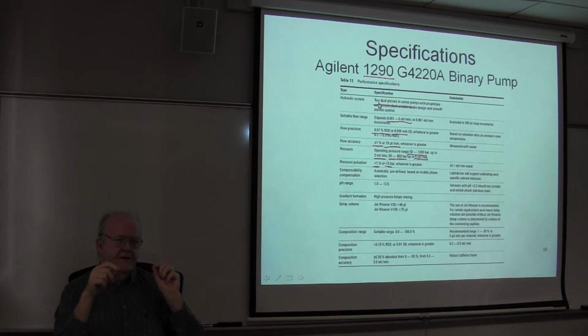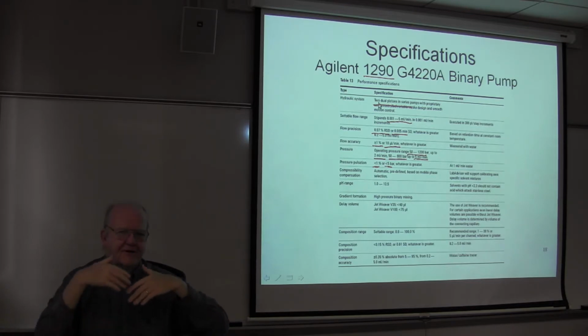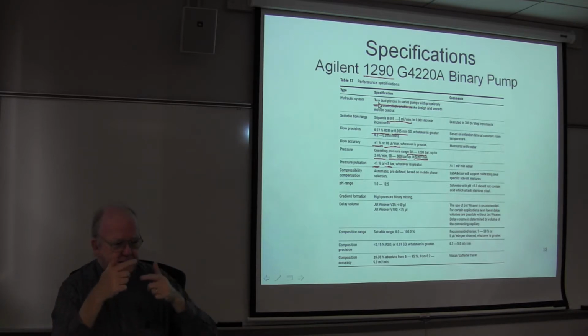So what they do is they have little computer algorithms built into the pumping systems, and you have to tell it what is the solvent in pump A and what is the solvent in pump B. And it has a little table in its little semiconductor brain, and it says, oh, okay, if the pressure is this, then the volume compression is this, so I'll pump this one a little faster so that the total flow rate is what you want it to be. This is pretty important, and it also has an impact on the pressure pulses.